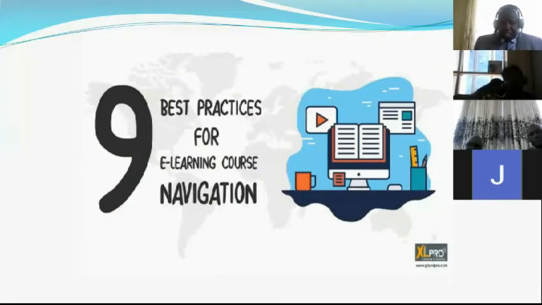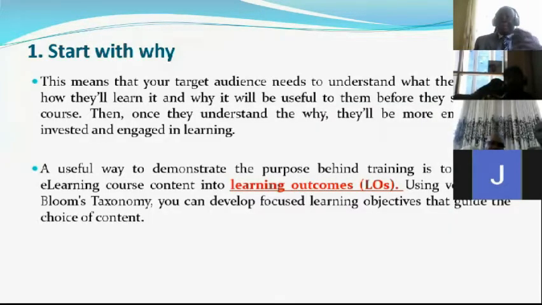We shall be looking at creating an intuitive learning path, catering for all the learning styles, trying active learning, keeping it short and simple, making quality a priority, speaking the right language, and also being original. So those are the 9 steps that will help us come up with the best content that a student can read and understand, even if you're not available.